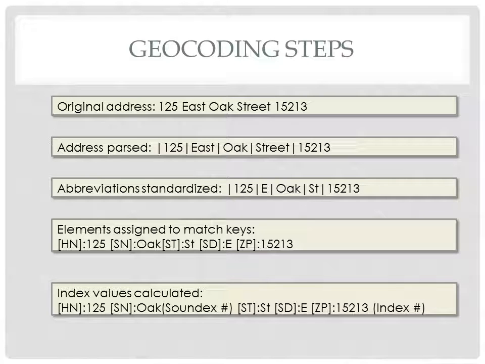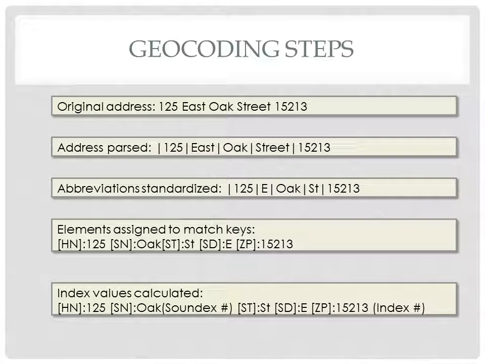Here are the examples of the steps involved in geocoding a particular address. First of all, the address grouped together, 125 East Oak Street, zip code 15213. A parsed address, each one of these component parts would be in a separate column. The street address 125, the direction east, the street Oak, and then the label street, each in their own column or field.